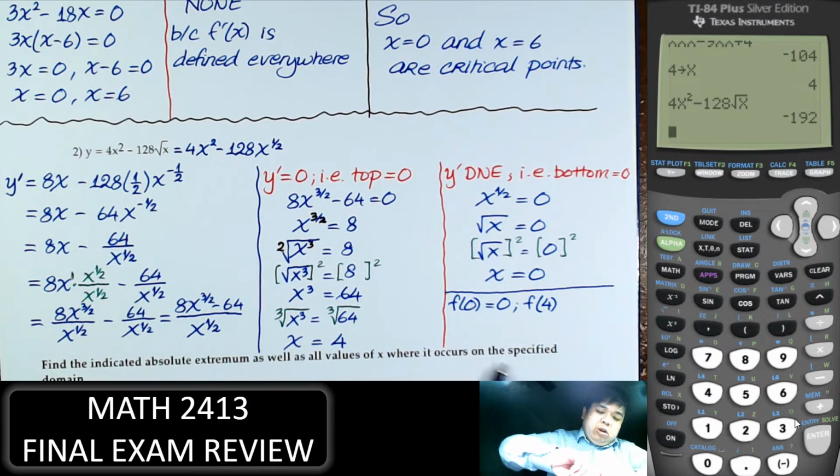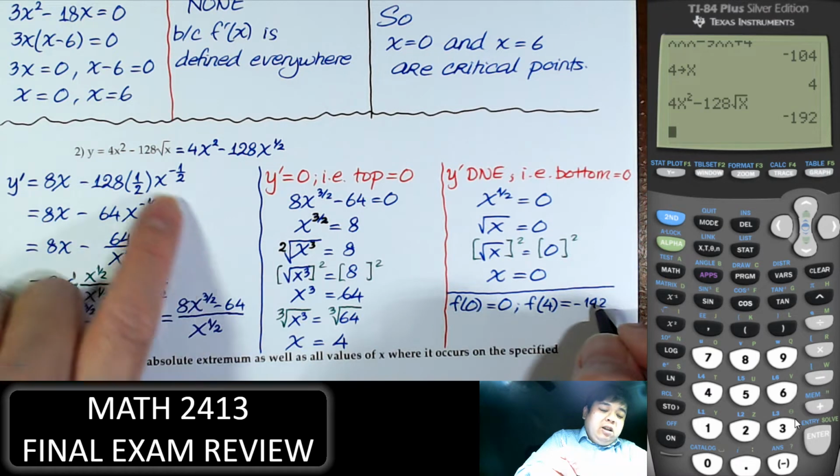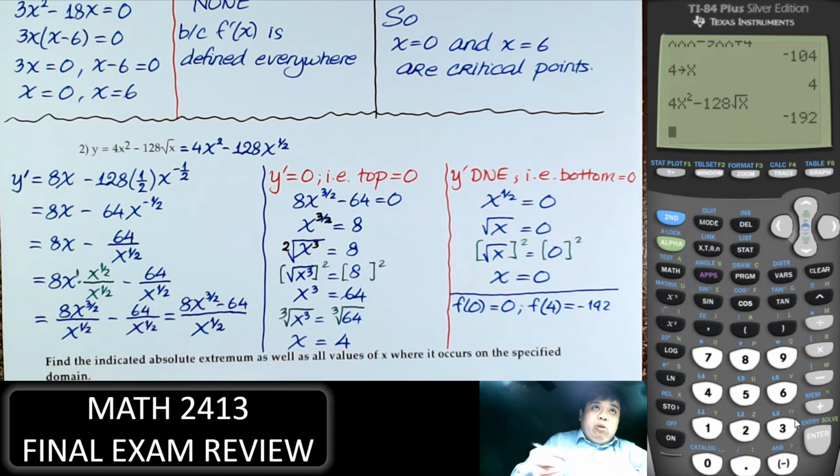And that's negative 122. Yeah, so both of them are defined values. So x equal to 0 and x equal to 4 are critical points.